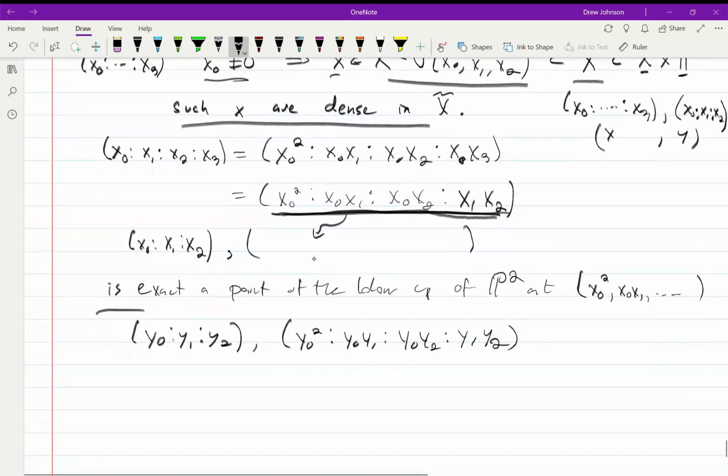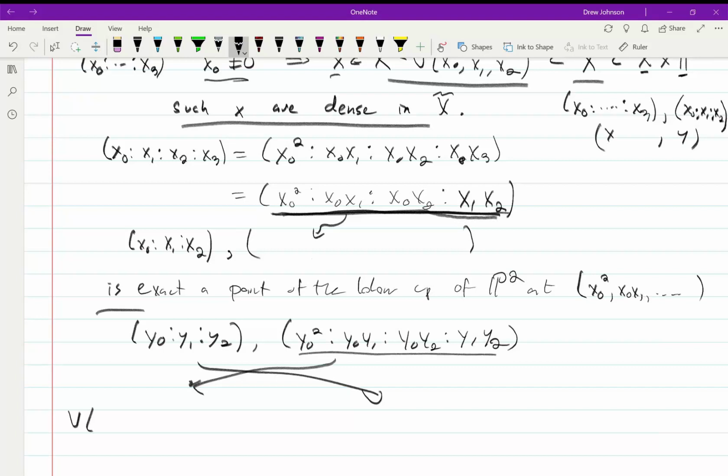Okay, and then if we switch the points here, we want to know whether this thing lies on the vanishing set of x0, x3 minus x1, x2, right? But it's clear that it does, right? Because you just take this times this, and that's equal to this times this. All right, so you get what you want.